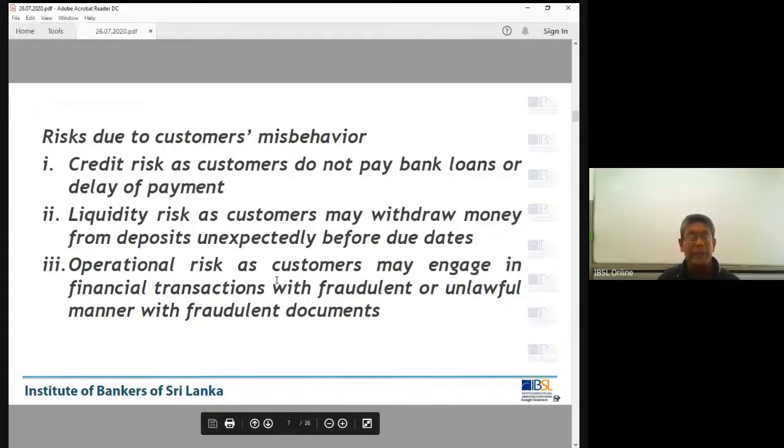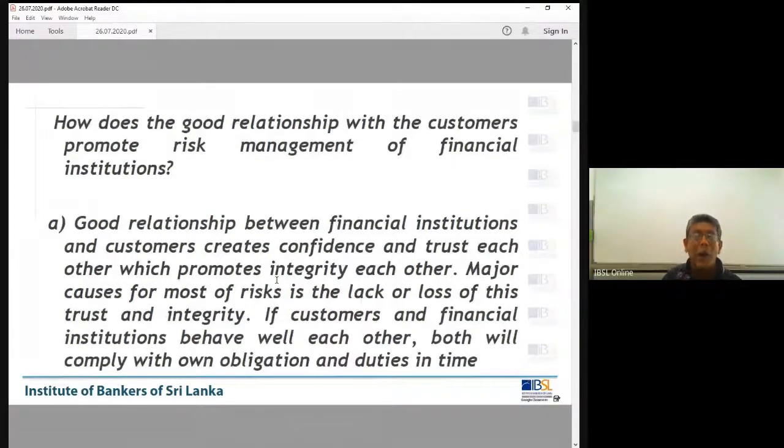Okay. Next point. Now, how does a good relationship with customers promote risk management of financial institutions? What this is talking about is that you don't want a whole sort of problems faced by the bank.